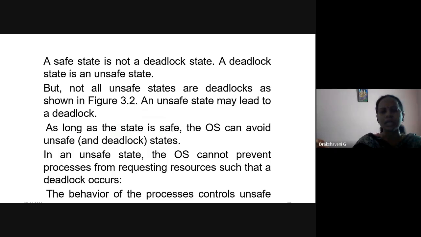As long as the state is safe, the OS can avoid unsafe states. Until we are in a safe state, the deadlock will not occur. In an unsafe state, the OS cannot prevent processes from requesting resources such that the deadlock occurs. The behavior of the processes controls the unsafe state.